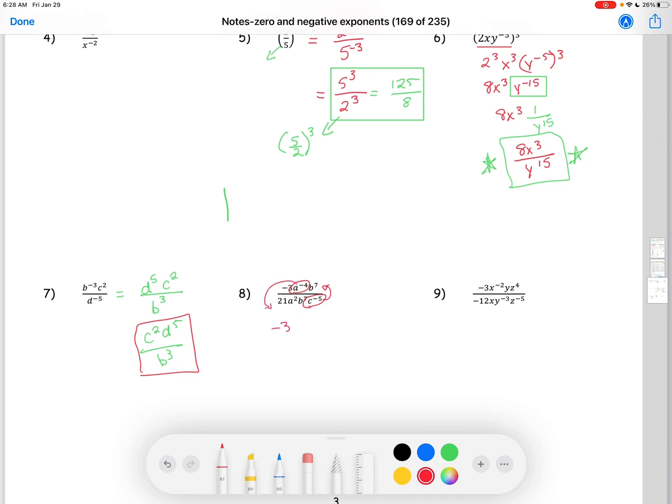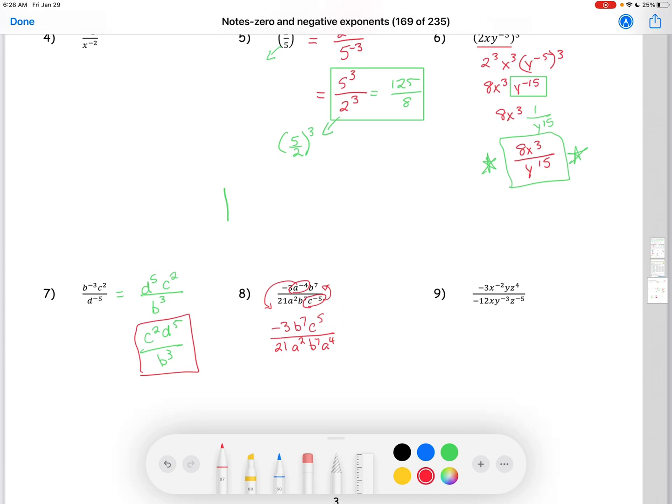It becomes negative 3 b to the 7th c to the positive 5 over 21 a squared b to the 7th a to the 4th. So I didn't simplify anything. I just took the negatives and changed them so that their exponents become positive.